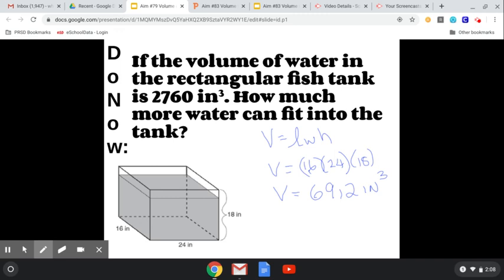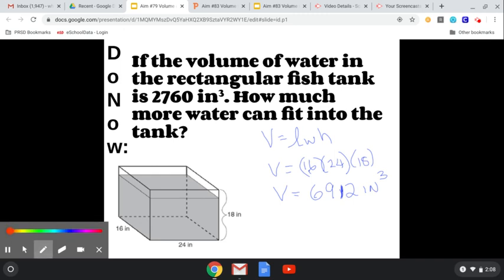Just try that again. Yeah, that's it. The reason why I'm thinking that is because I guess I just can't go by the picture. It says the volume of water in there is 2,760, and that would be actually less than half of the volume of the tank, but it is what it is. Let's just keep going with the problem.